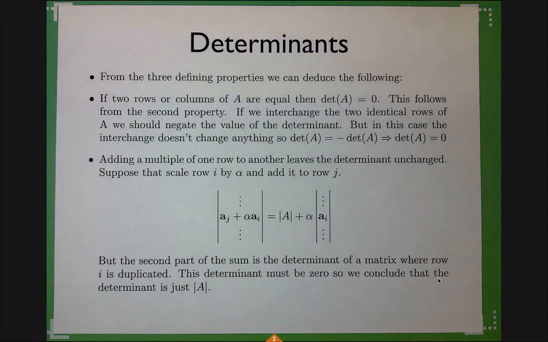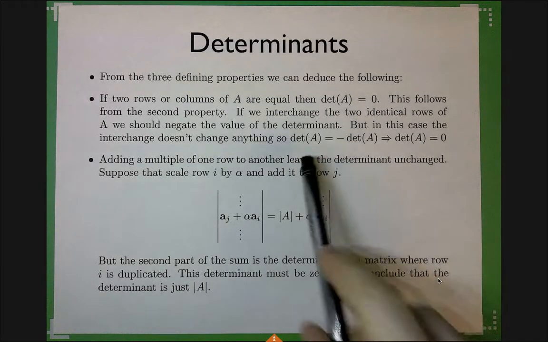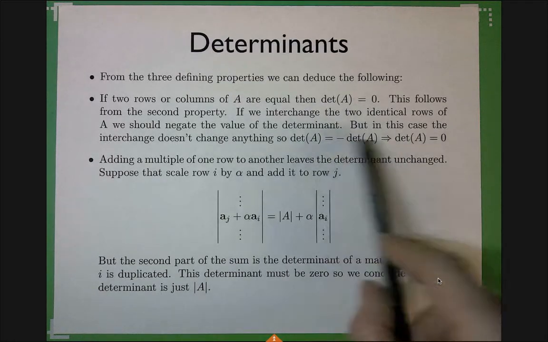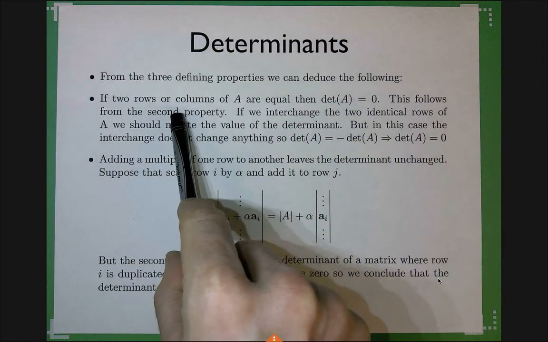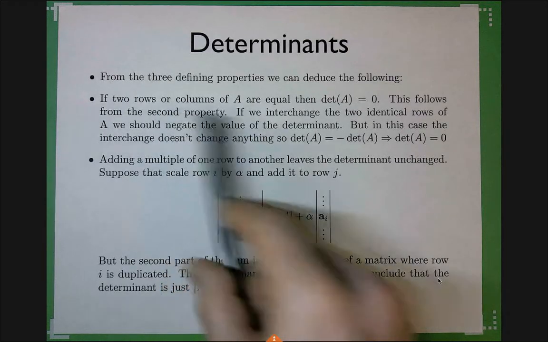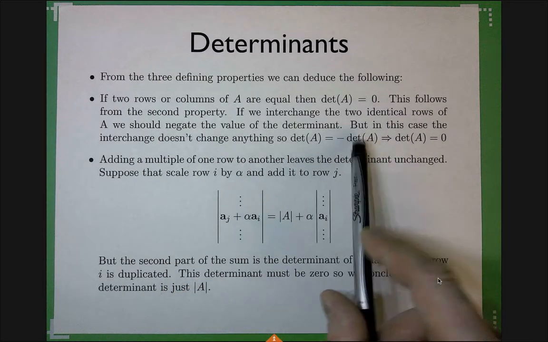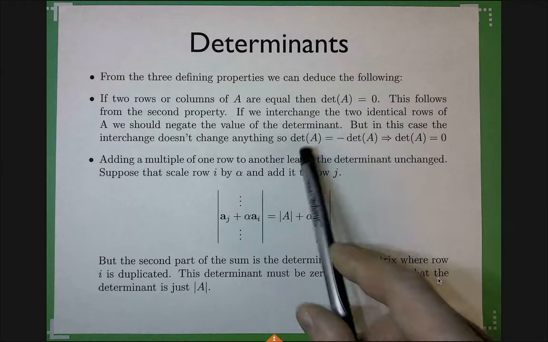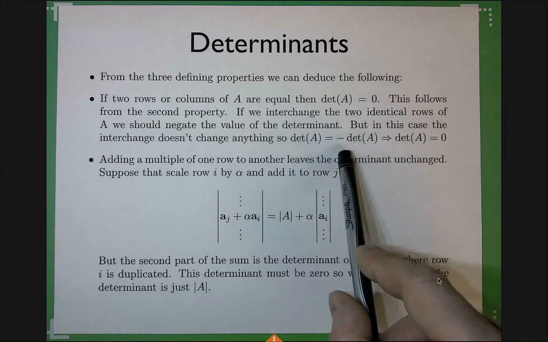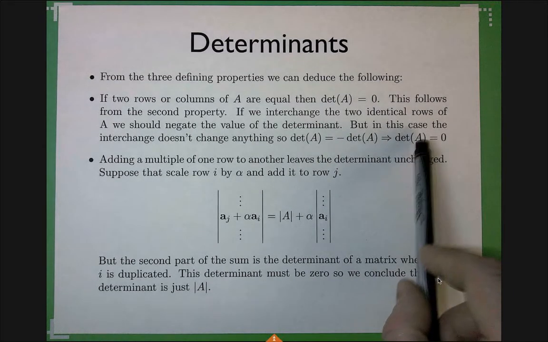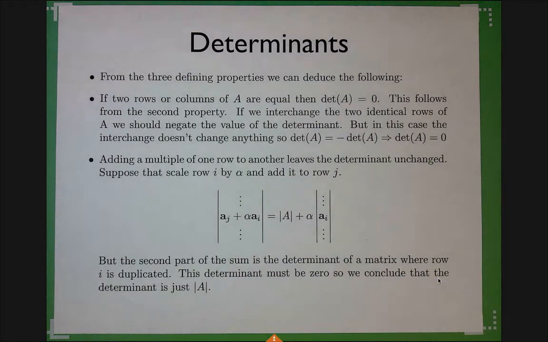But if they are the same, then the exchange didn't really do anything, right? So it means that the determinant of A must be minus determinant of A, because the exchange didn't do anything. They were the same, right? And this is just a scalar, the only number with the property that the number equals minus 1 times the number is 0, right? So that means that the only way this can be true is that the determinant is 0.